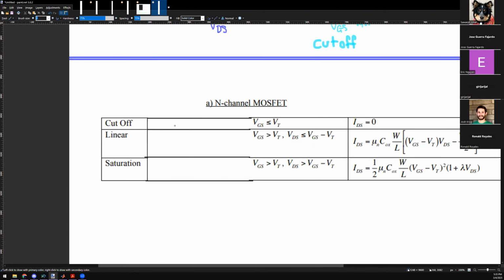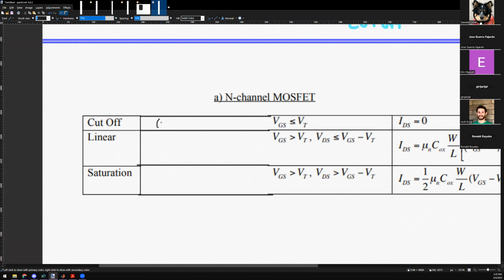For cutoff, I prefer just to say that VGS minus VTH, these guys stick together, is less than 0. In linear, I say that VGS minus VTH obviously has to be greater than 0. Same with this guy.